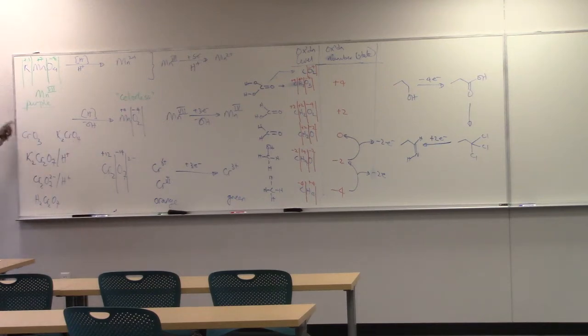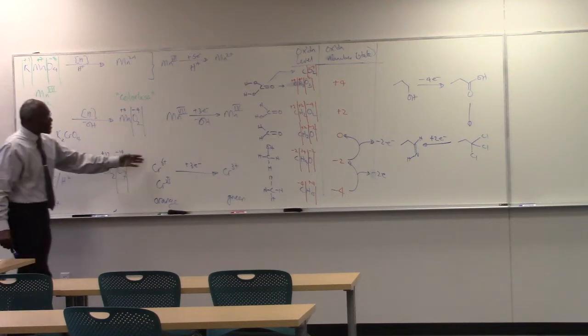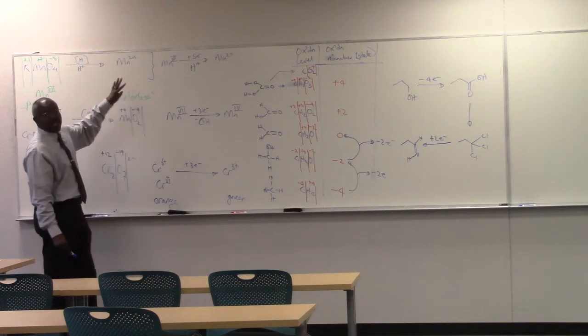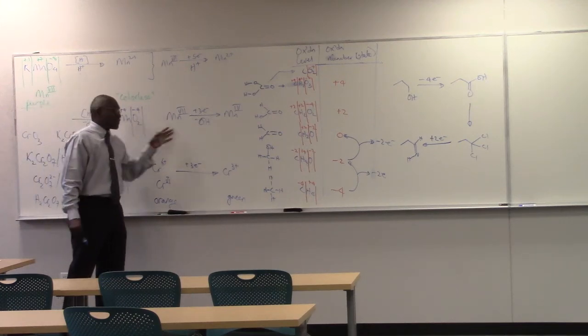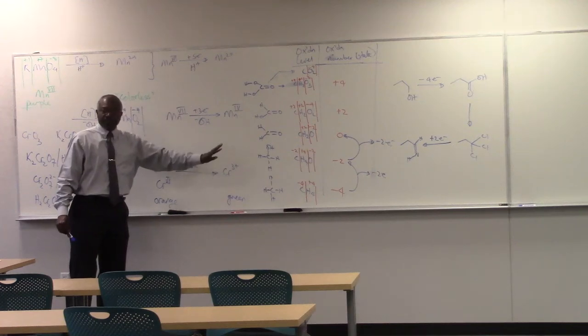But the one you typically see is a dichromate. So all of these represent chromium 6. So unlike manganese, which has different profiles under acidic and basic conditions, chromium 6 gets reduced to chromium 3. End of story.